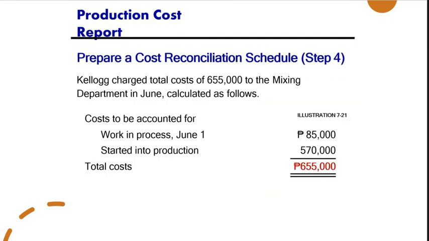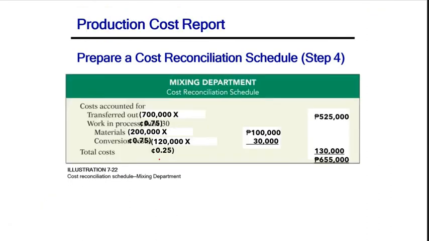Step 4. Okay? So charge total cost of 655 to the mixing department. Paano? Ito nga 'yon, 'di ba? Sa work in process natin, June 1, 850 and started into production 570. Okay? So preparing the reconciliation schedule, ito 'yon. So transferred out 700 times 0.75.